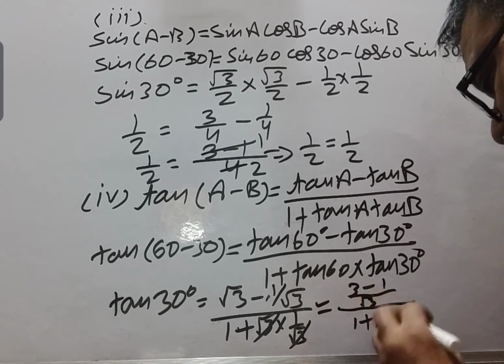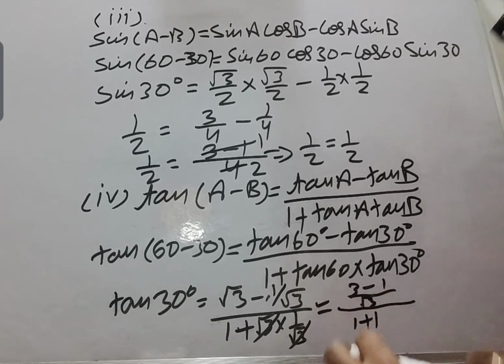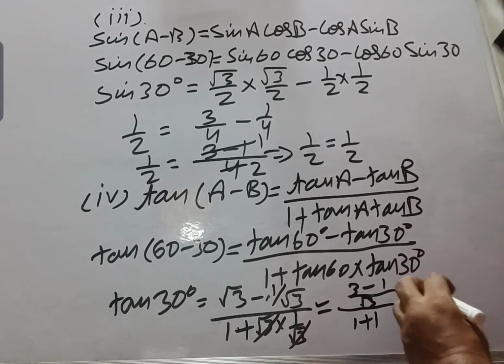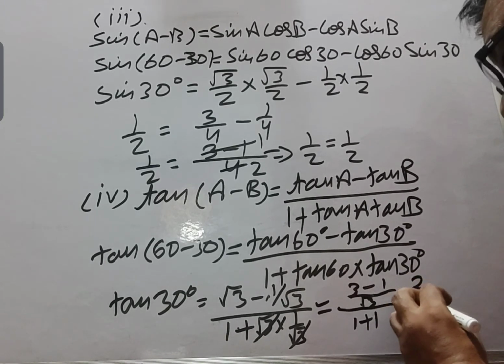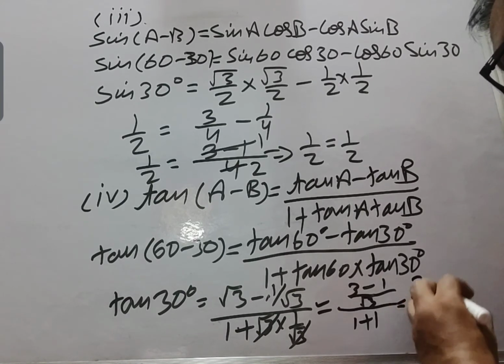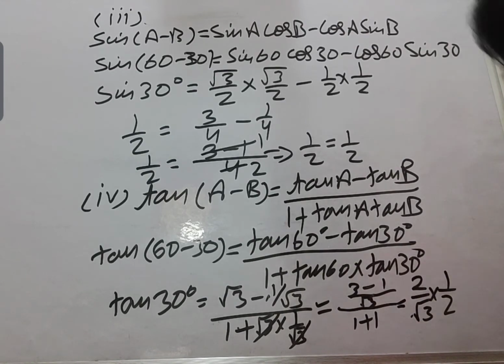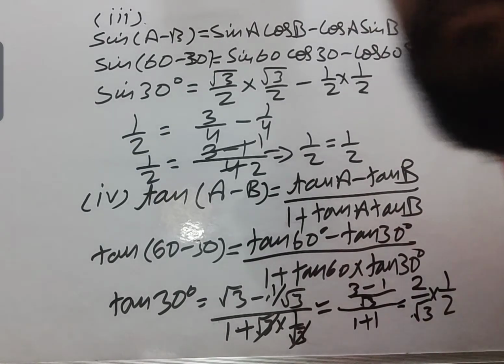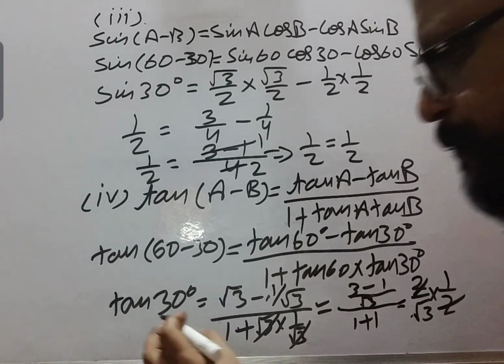So we write 2 upon root 3 into 1 upon 2, and the 2 and 2 cancel off, so it becomes 1 upon root 3.